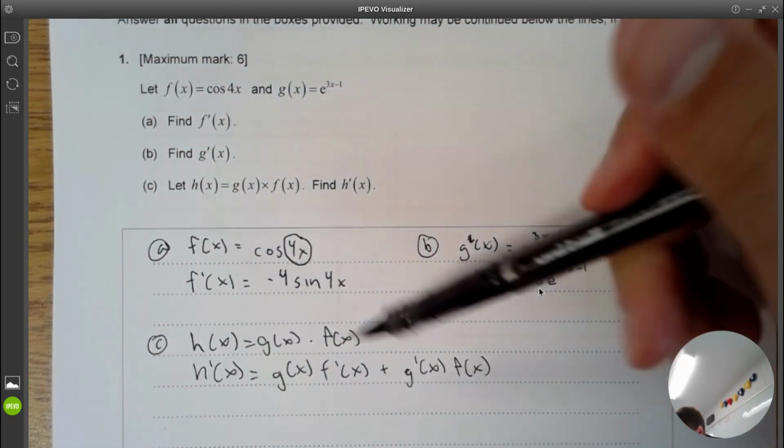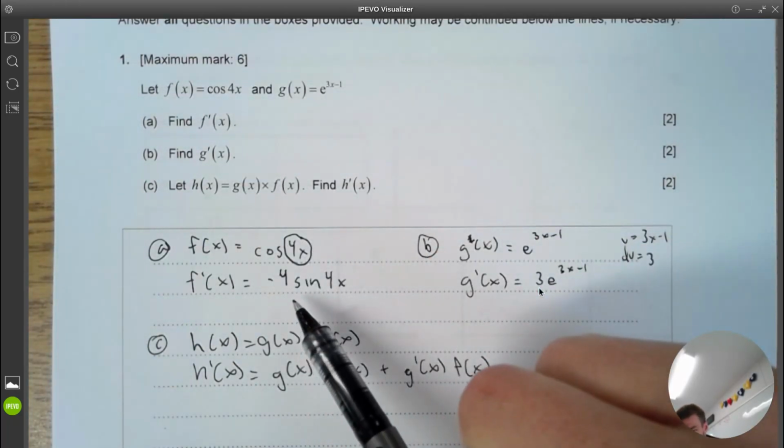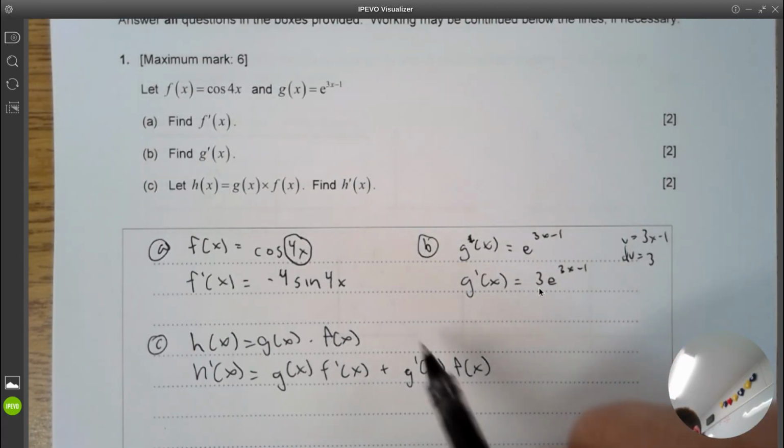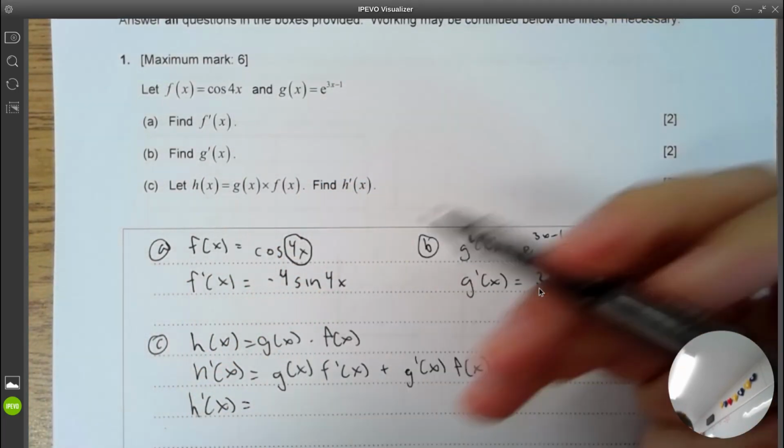I have all of these values. I have g of x from the question, I have f prime from part A, I have g prime from part B, I have f of x from the question. So now all I need to do is plug these things in, and I've already got all of them.